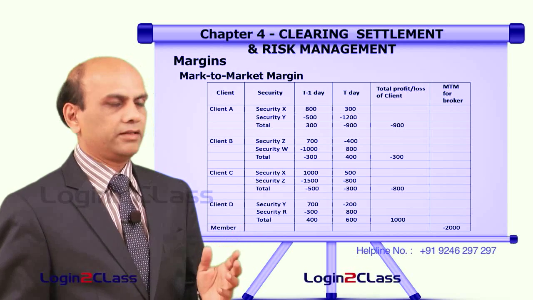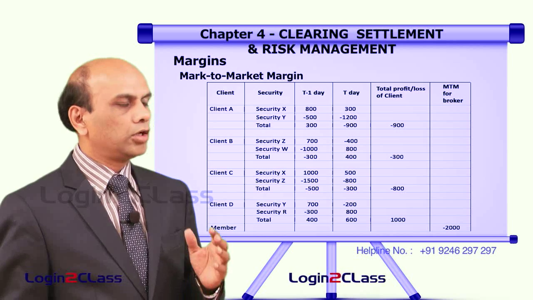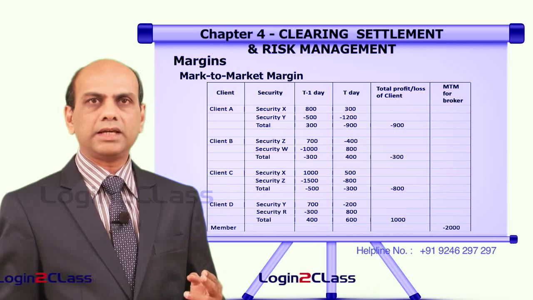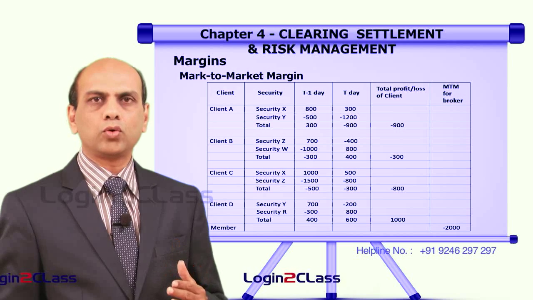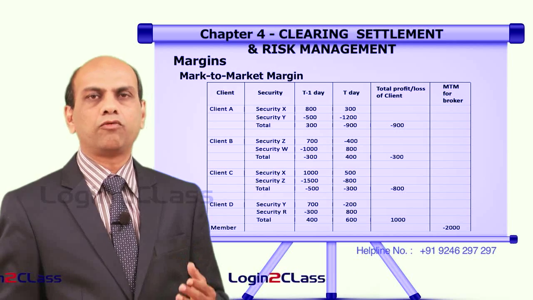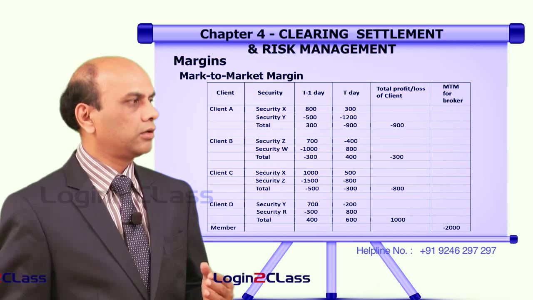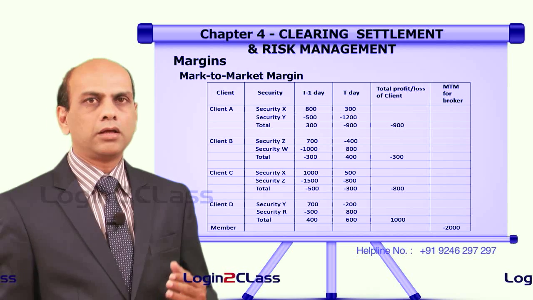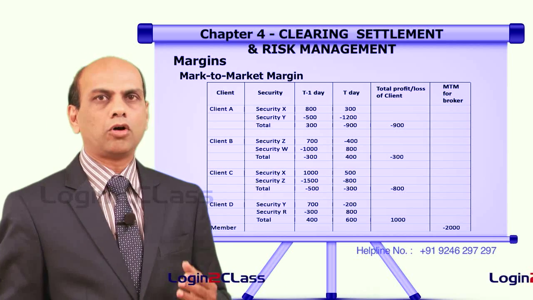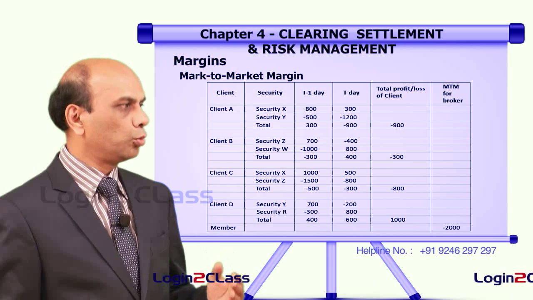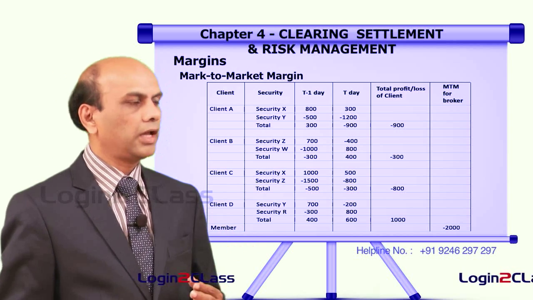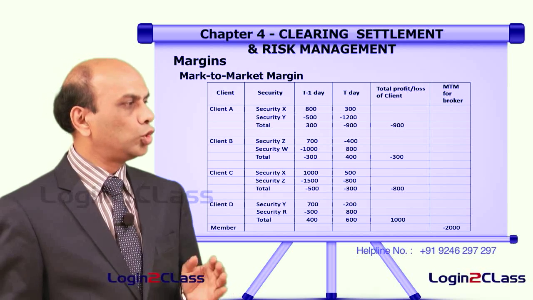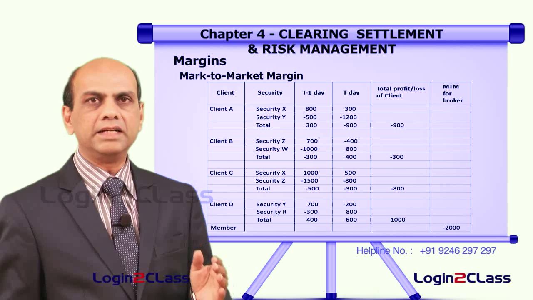Now on T day, that is the next following day, when he is holding both securities, security X and security Y, he has holding positions for the following day also. Then due to change in the price of the securities, he has a further profit of 300 rupees on security X, and he has gone into a further loss of minus 1200 on T day.